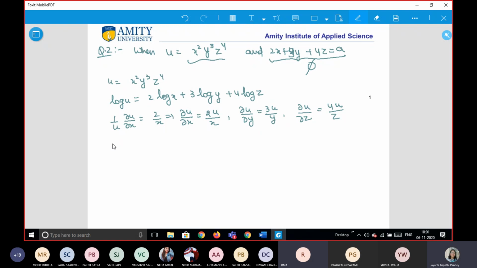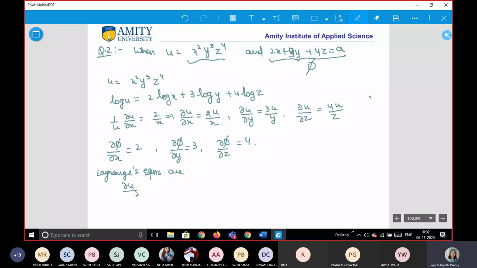Yes ma'am. Now, what is del phi by del x? That is 2. Del phi by del y, 3. Del phi by del z, 4. Okay. Now, the Lagrange's equations are del u by del x plus lambda del phi by del x equals to 0.